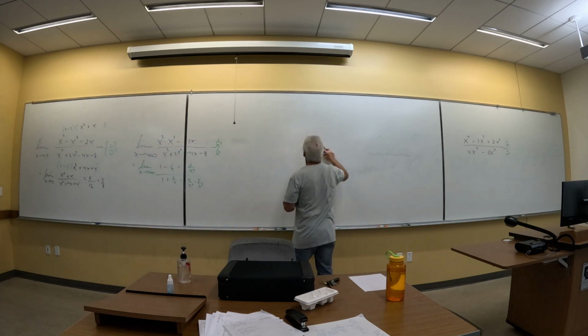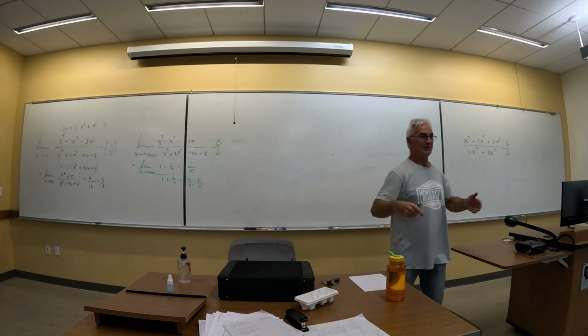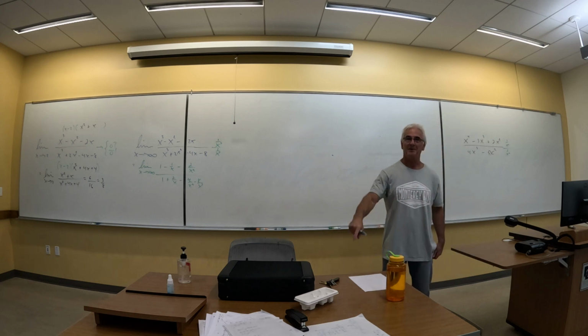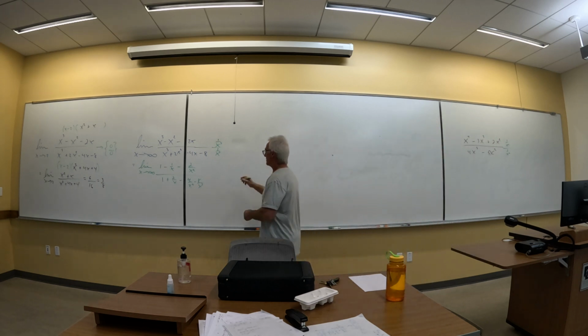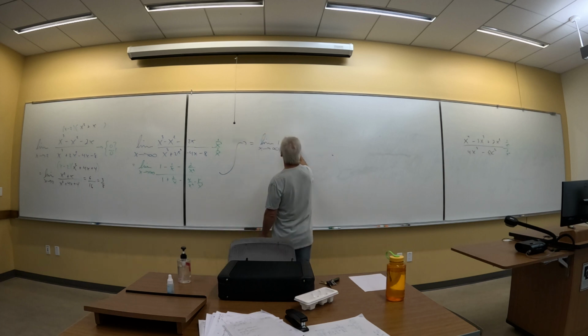You know that the limit of a quotient is the quotient of the limits, and you know a limit of a sum is the sum of the limits. So technically, like I said, I only want to do this once.